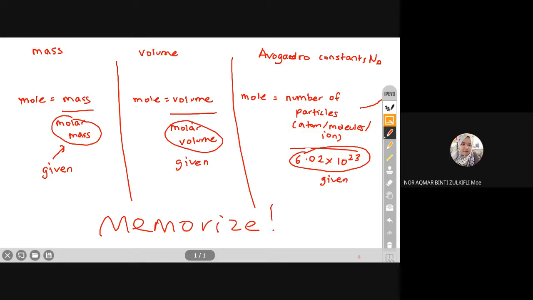For today's lesson, we will learn how these 3 concepts, mass, volume, and Avogadro, can come together in one question. This is the most difficult part. You need to know the relationship.